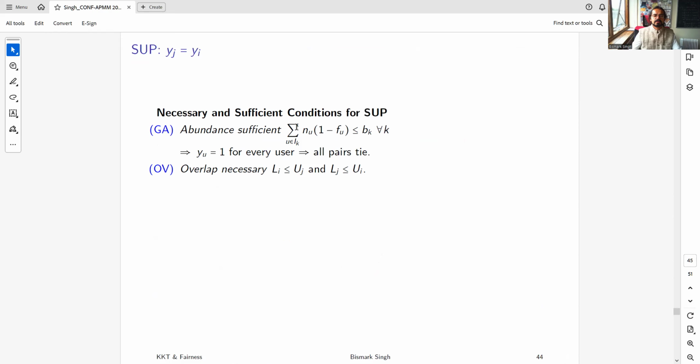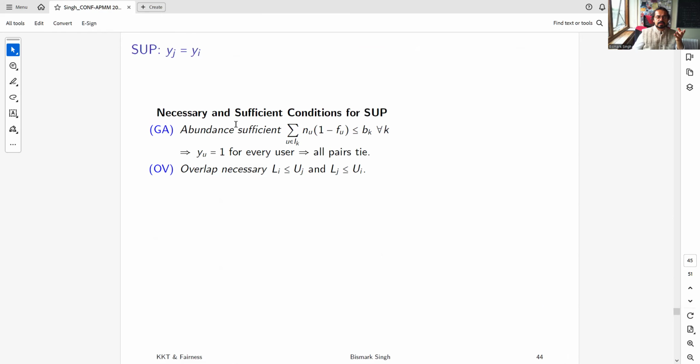That means you have this condition up here: V of K, the amount of resources that are available for K, is more than what is needed if everybody was handed out the resources. In that case, you can't do it.